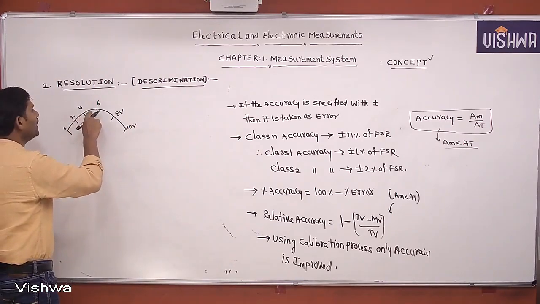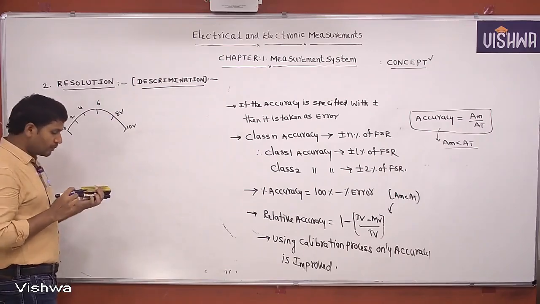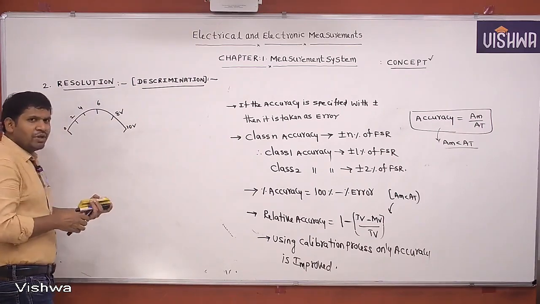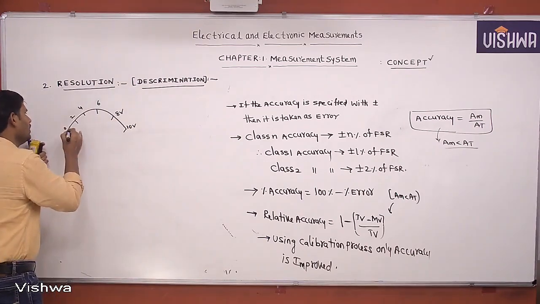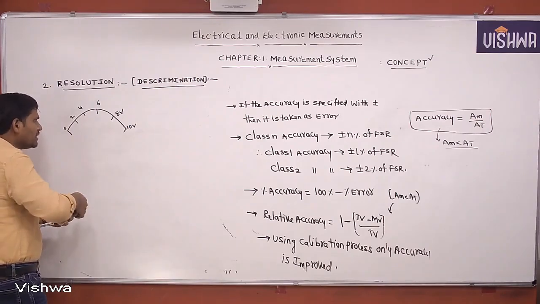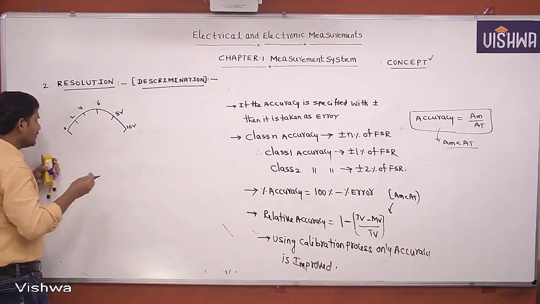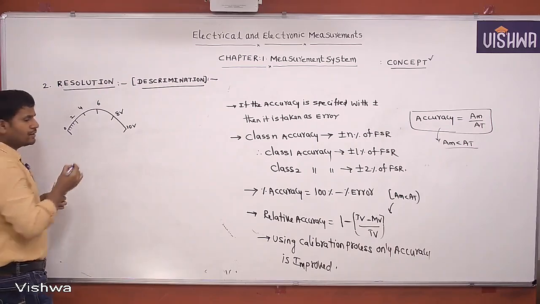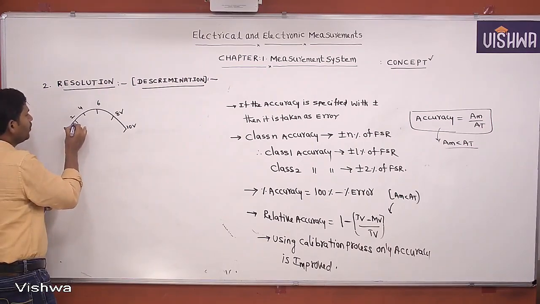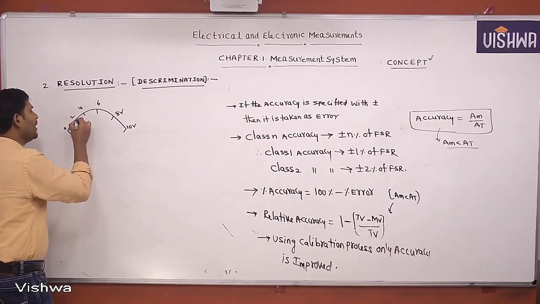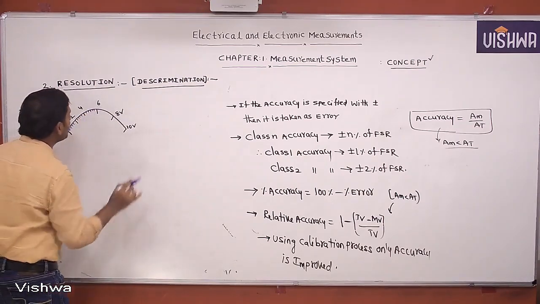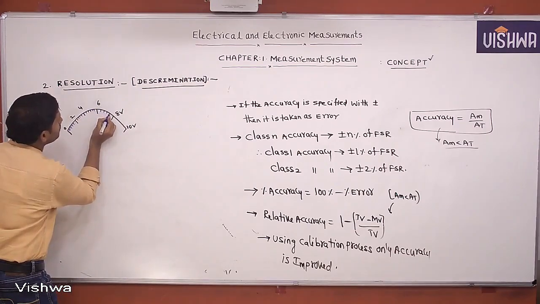Each division is subdivided into 5 divisions, and again each of those is subdivided into 5 divisions. Like this, each is subdivided into 5 divisions.